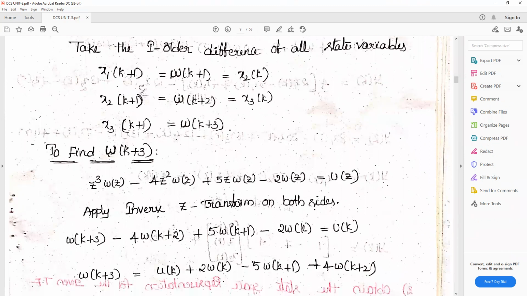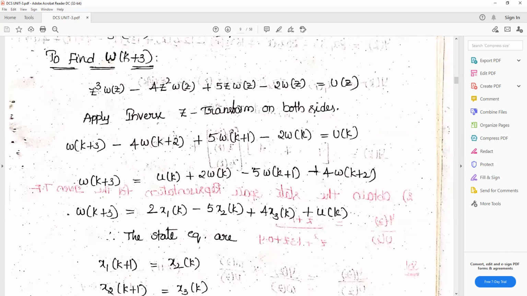When we do the cross multiplication, z power 3 into omega of z gives omega of k plus 3, z square gives k plus 2, z power 1 gives k plus 1, and z power 0 gives omega of k.